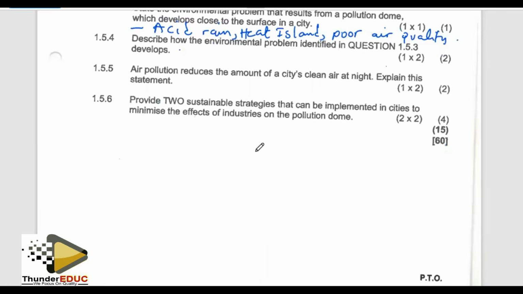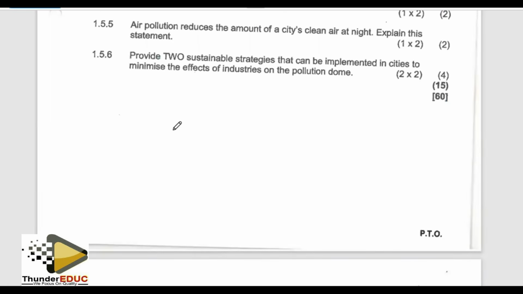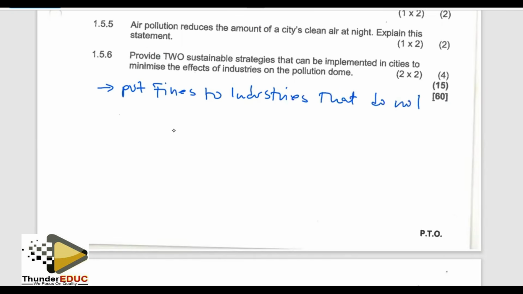We could say put fines on industries that do not respect regulations on pollution.